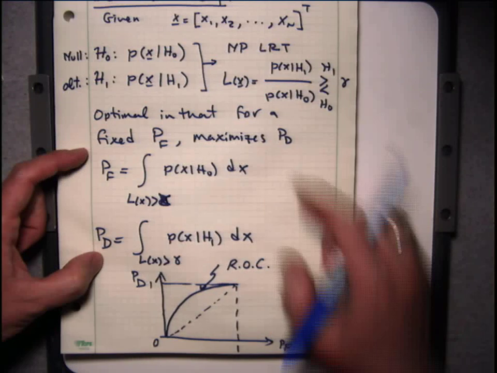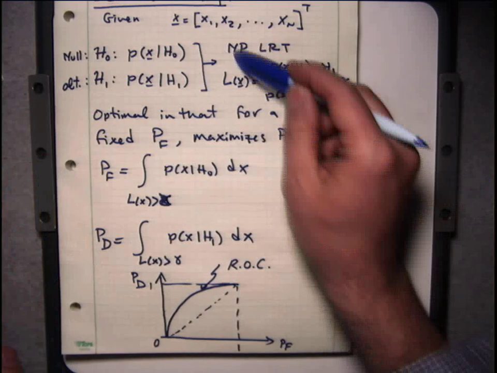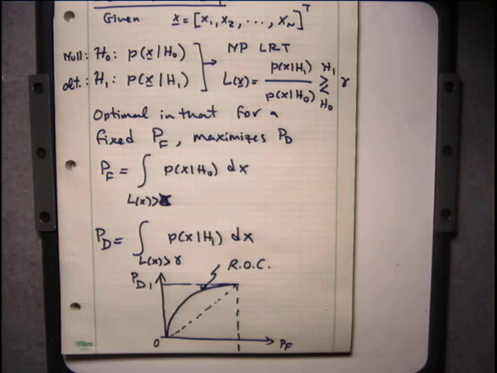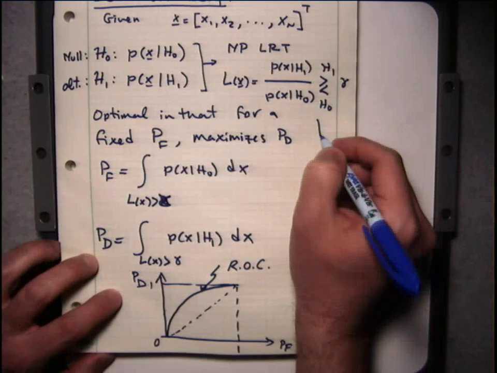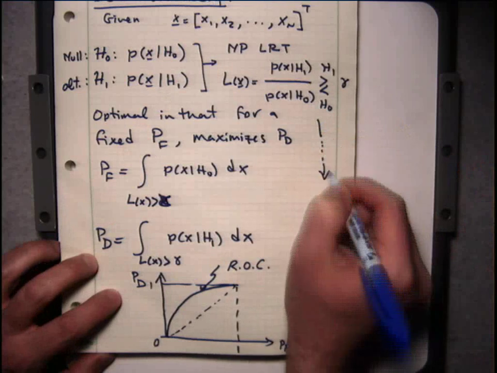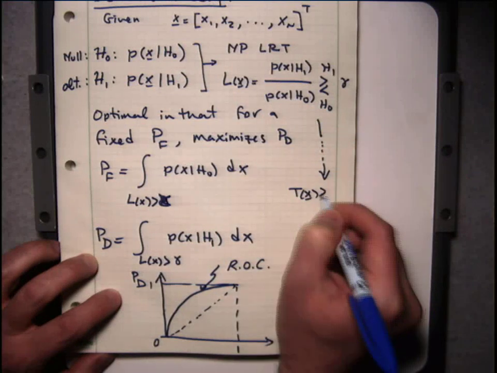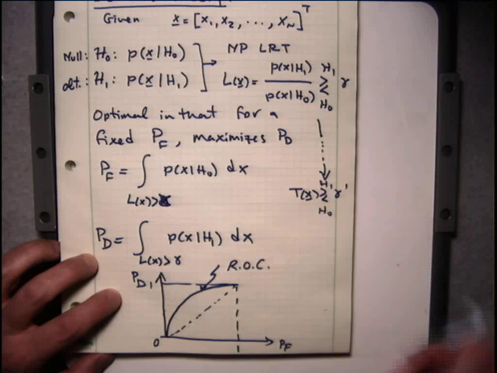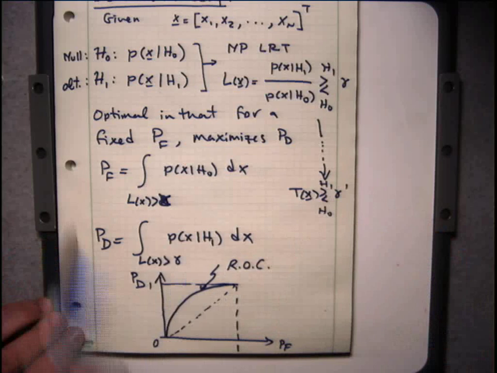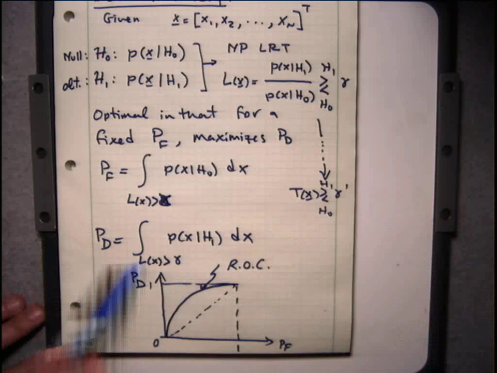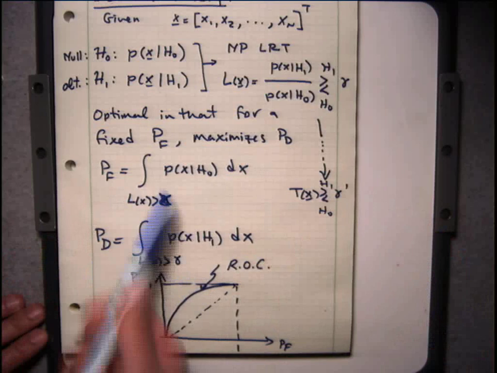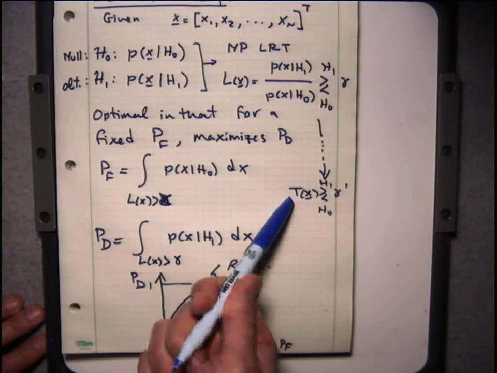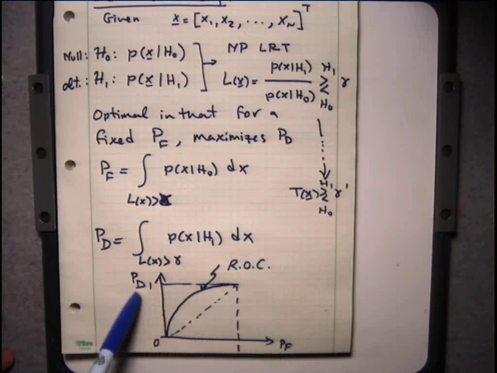In other words, if you started with this and you simplified it all the way down to a simpler test statistic, which we call T of x, compared to, let's say, some gamma prime, deciding between H0 and H1, these quantities can be calculated by integrating the PDF of T over the proper range.